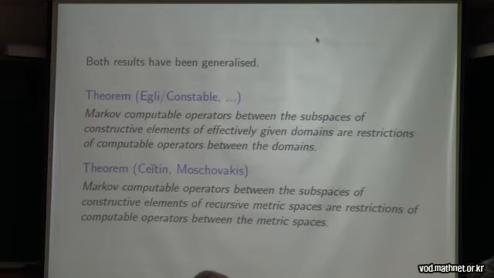And both results have been generated. Now I said that in the case of the partial maps, there is a natural partial order because of this inclusion between the graphs. In computer science, special partial orders have been of special importance, namely partial orders which are lattice-like, but only certain sets have least upper bounds, sets that are directed, and not like in a lattice, where all sets have a least upper bound.